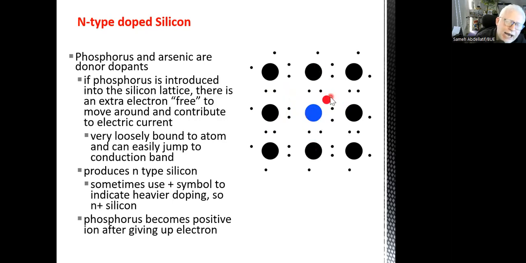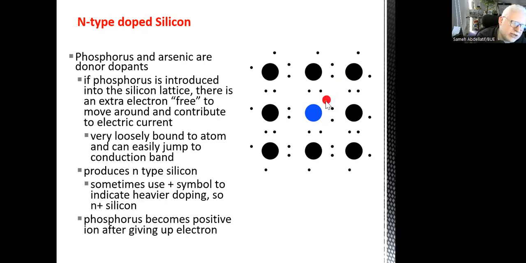And you still have 1 electron which has no available bond. Please remember, bond is an attraction force. So this electron has no bond, has no attraction force. So it can easily jump to the conduction band.